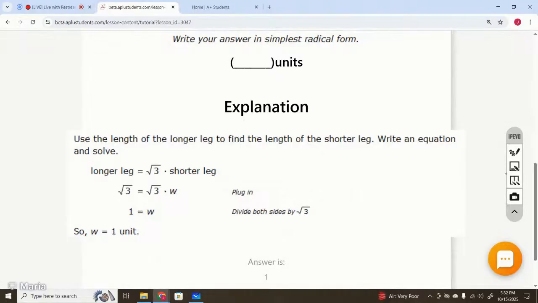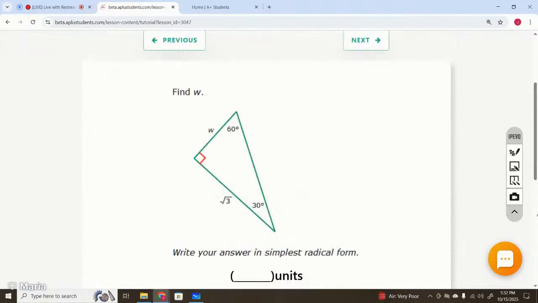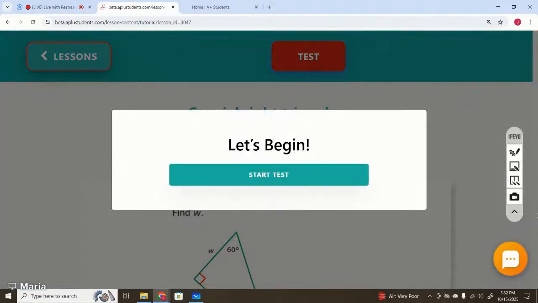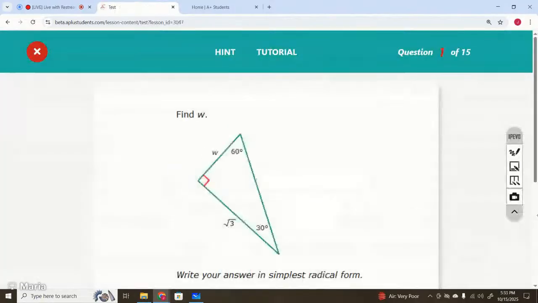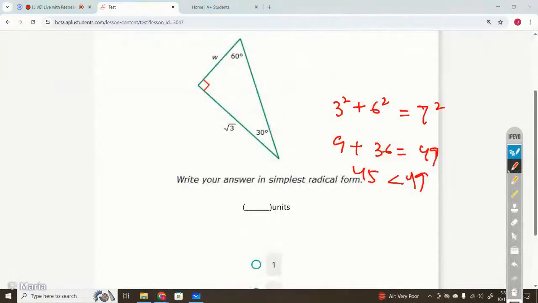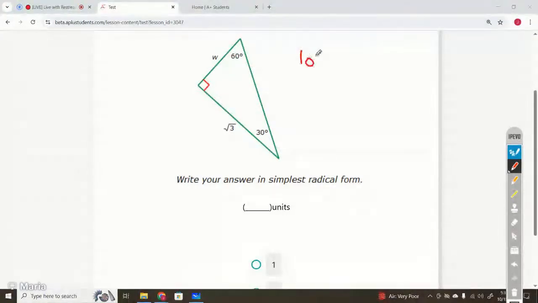So W equals 1. We need to calculate the shorter leg length. The longer leg length equals square root 3 times the shorter leg length.